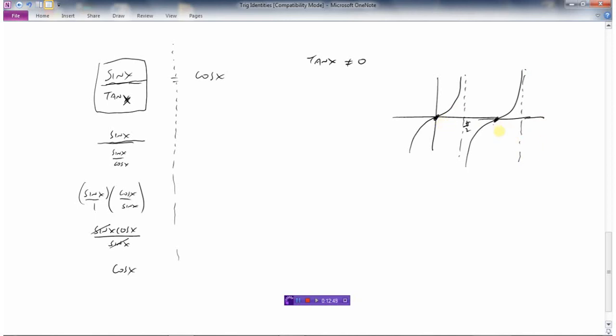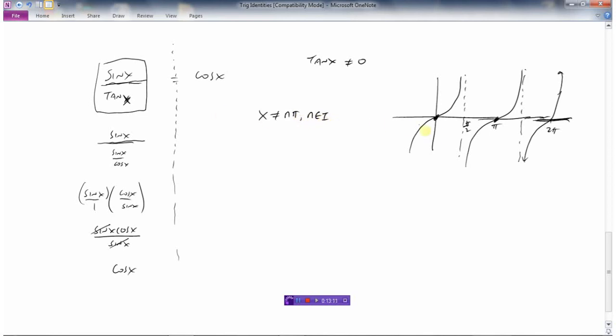Here, here, so tan x equals 0 at 0, pi, 2 pi, 3 pi, 4 pi. So x cannot equal any multiple of pi, where n's an integer.